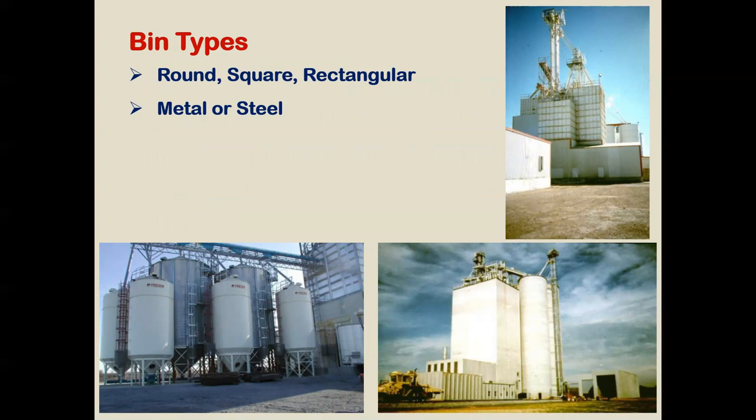They can be round, square, or rectangular, so three sizes of bins are available, made from either steel or any metal product, with powder coating to avoid rusting of the bins and to make a smooth and silky inner body, so there is no restriction of movement of the feed. Here you can see photographs of the bins: round shaped, square shaped, rectangular.